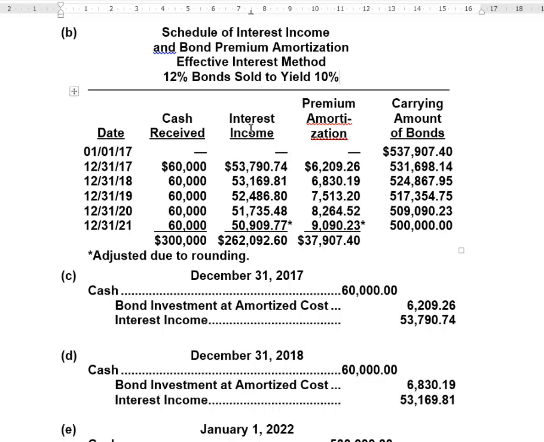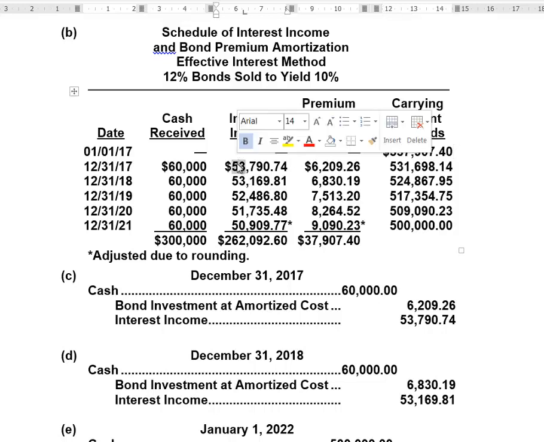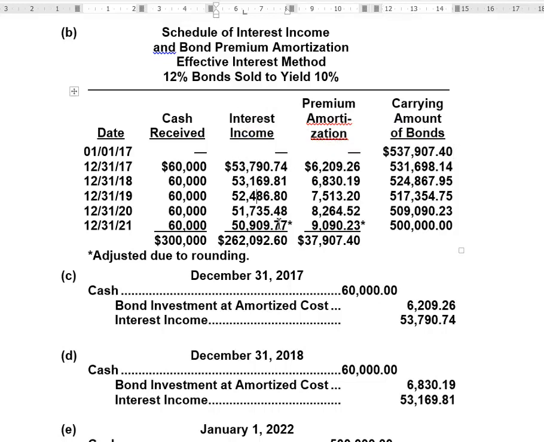So don't forget to calculate interest income. We use the yield. To calculate cash received or interest received, we use the coupon, right? So this number here times 10% is going to give us $53,790.74. So we're booking interest income of $53,790.74. We're receiving cash of $60,000.